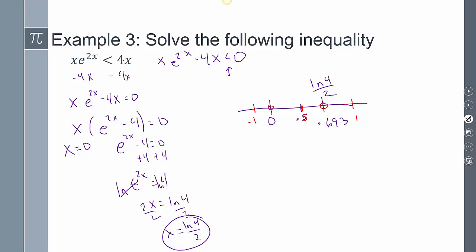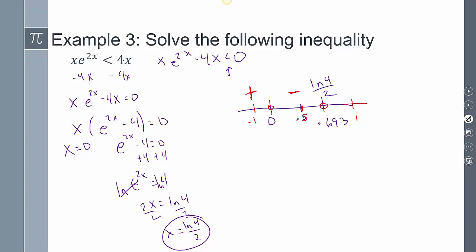So the first one, -1 times e to the 2 times -1 minus 4 times -1, and so I get a positive number. Now if I plug in 0.5, make sure you get rid of the negative. And so I'm going to get a negative.